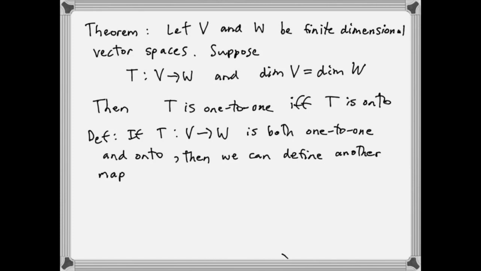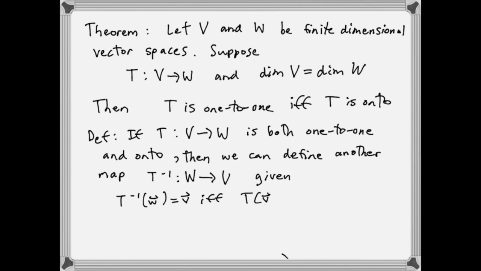And we call this map T inverse. T inverse goes from W to V, and this map is given by the following. T inverse of W is equal to V if and only if T of V is equal to W.